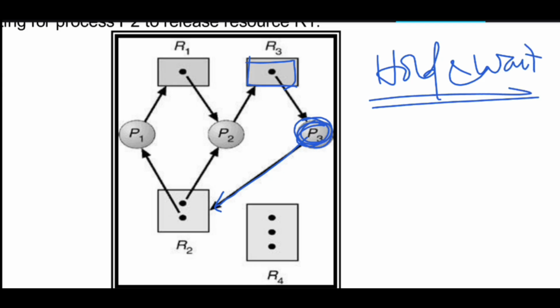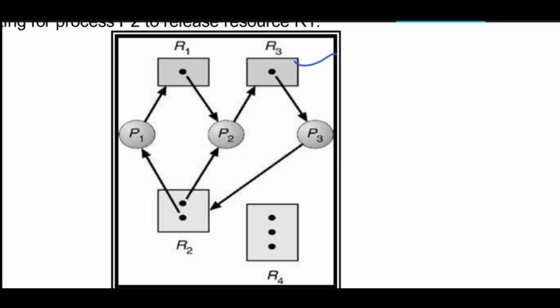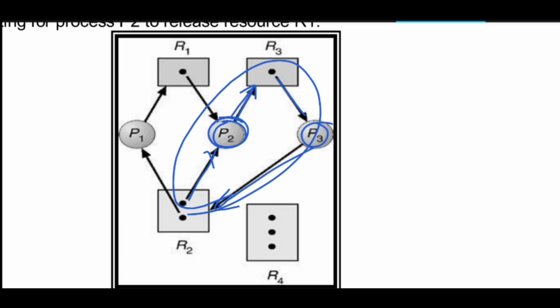P3 is holding R3 and waiting for R2. Our P2 has R2 and is waiting for R3. P2 is holding a resource and waiting for another resource, and P3 is holding a resource and waiting for another resource. This is creating a cycle. This ultimately creates a deadlock.